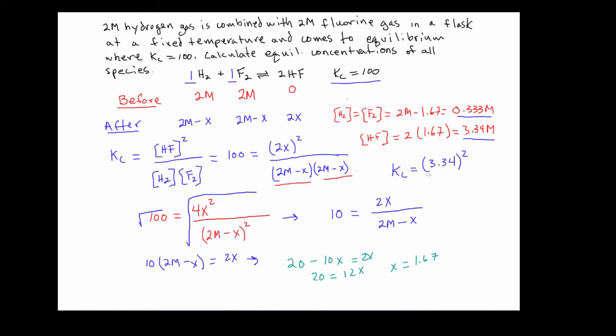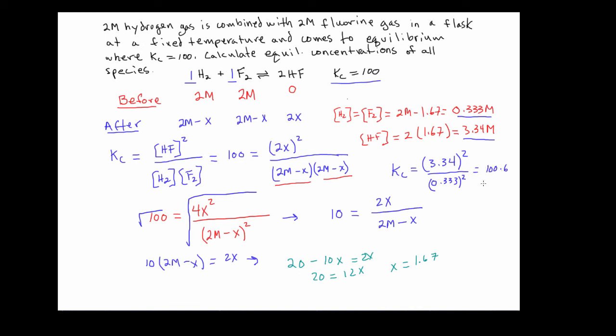So this is going to be 3.34 squared over 0.333, also squared because it's F2 times H2. And what we get out is 100.6.